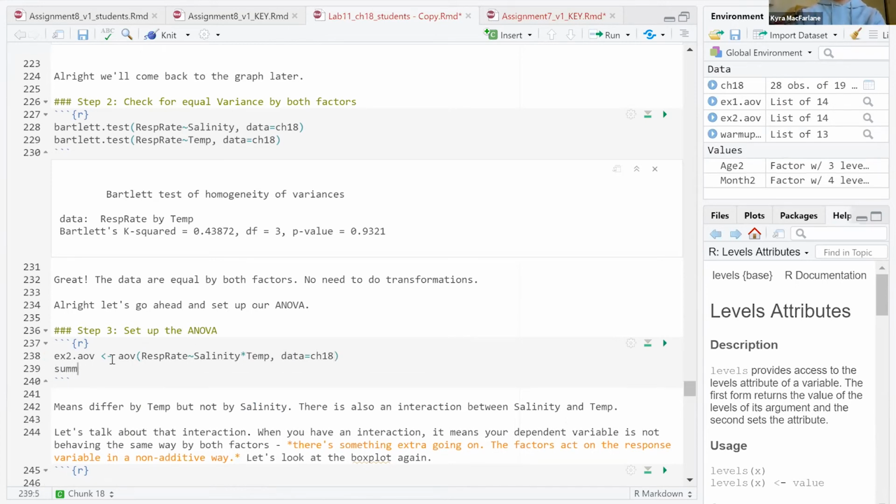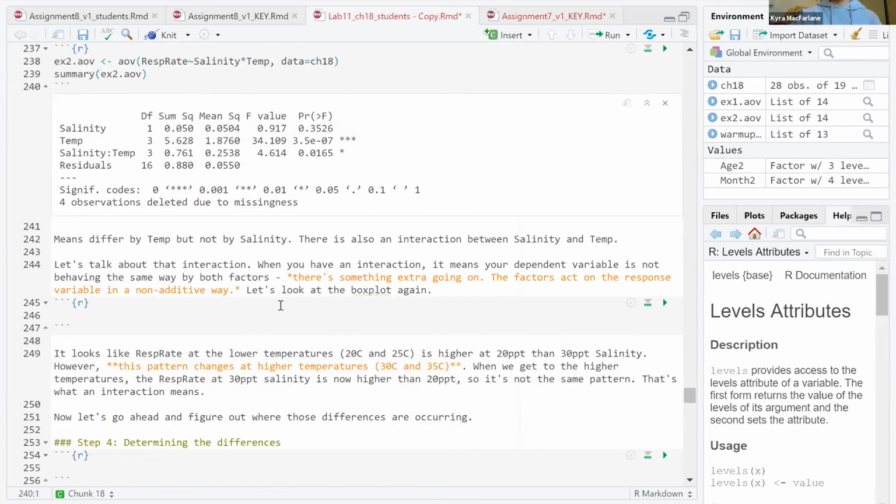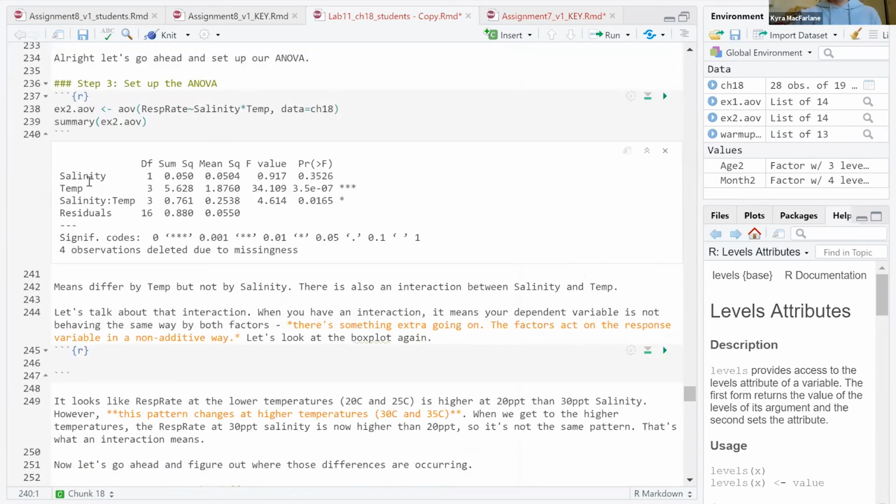Summary of example 2 AOV. Okay. So we see that salinity has a p-value greater than 0.05, so salinity is not significant. The means aren't significantly different. Temperature, p-value is less than 0.05, so temperature is significant. However, there is an interaction between salinity and temperature.